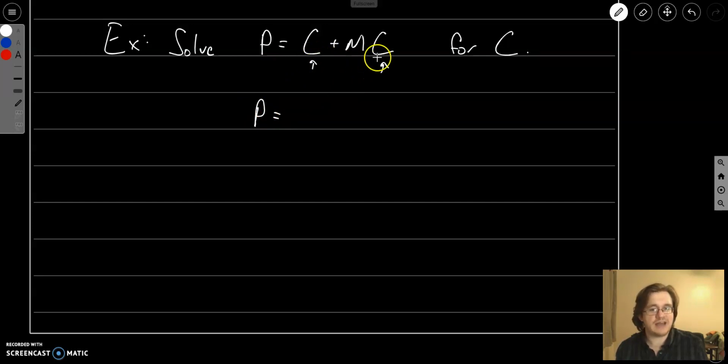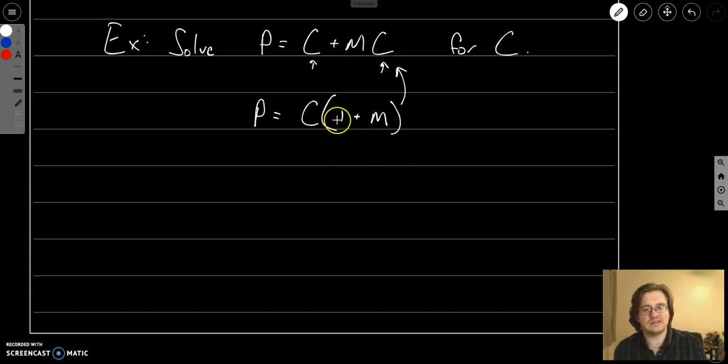So what I'll do is I'll factor C out. So if I pull a C out, this first thing is going to be C times 1, and the second is C times M. So if we look at this, I've pulled a factor of C out of both of these terms. Likewise, if I just wanted to check, I could distribute C, and we'll see that we actually get the same thing. So these equations are equivalent to one another. And from here, this is fairly straightforward.